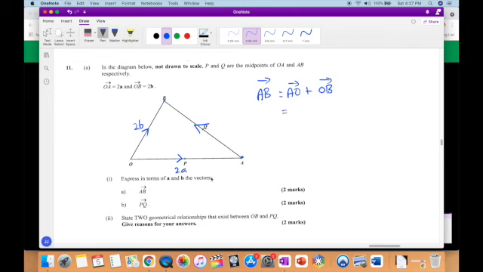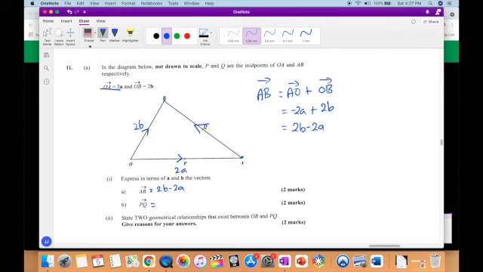So A to O is negative 2A because OA is 2A, so AO is negative 2A plus OB, which is 2B. So therefore the answer is 2B minus 2A. Right? So AB is 2B minus 2A.